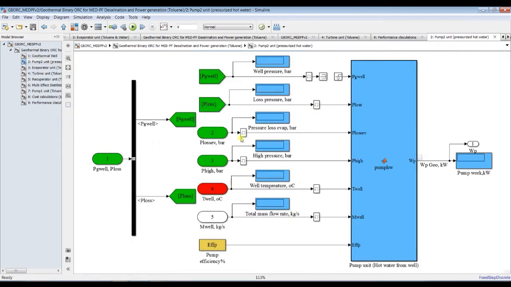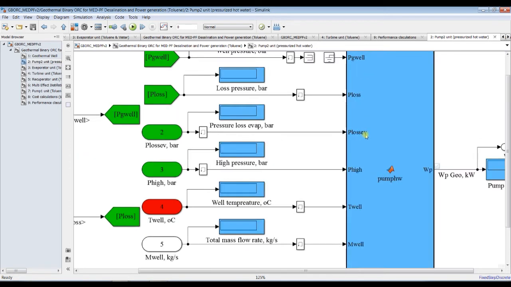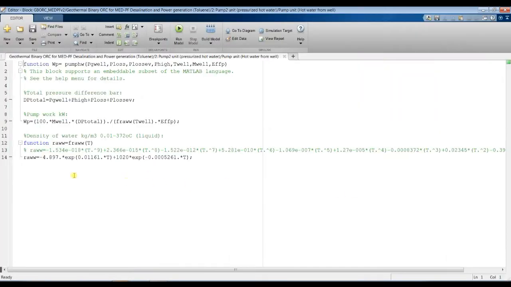This is pumping power based on pressure difference. As you can see, we have pressure losses through pipes, pressure loss in the system, and top high pressure. And well temperature is also responsible, because we need well temperature since it is responsible for density.